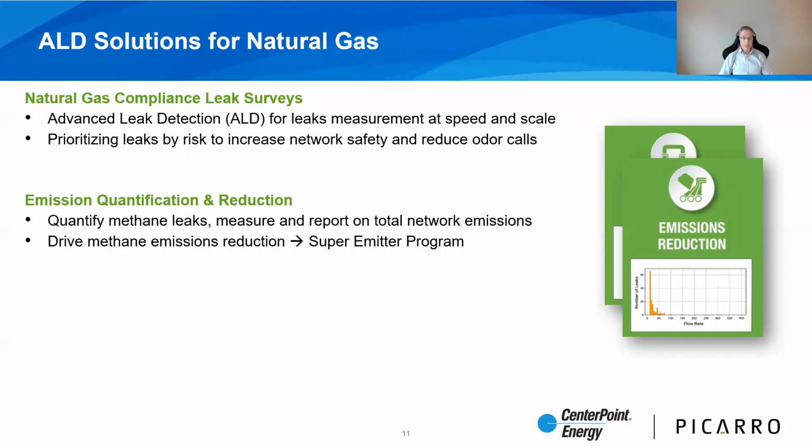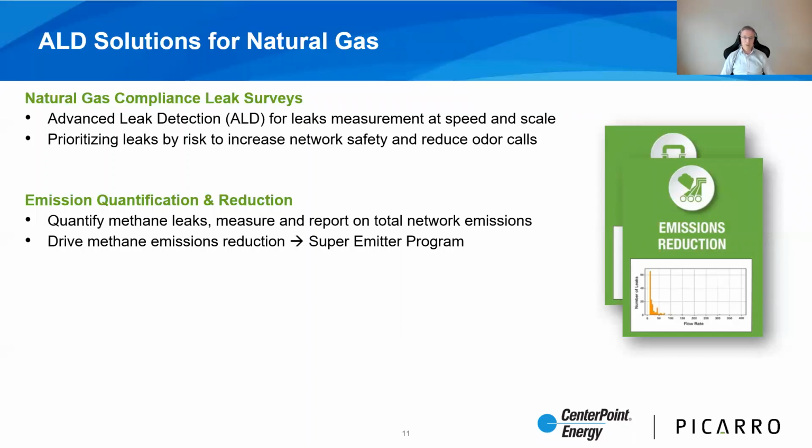So this gives you the overall emission budget for your network, or the slice of the network that you're measuring with ALD. And then beyond that, we also have developed a very powerful methodology to drive emissions reduction.